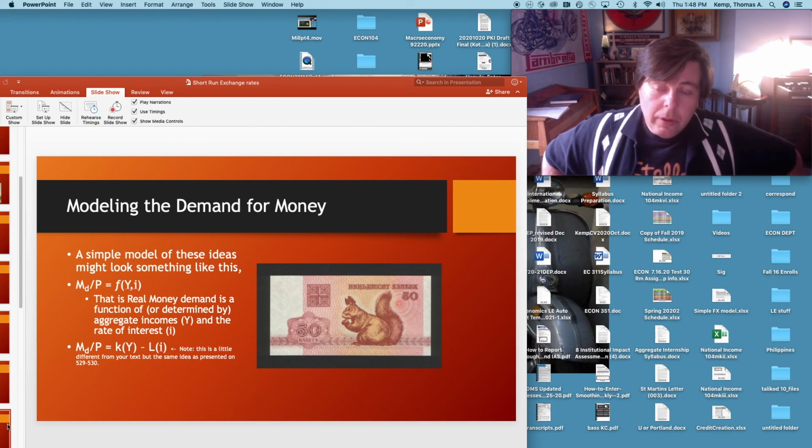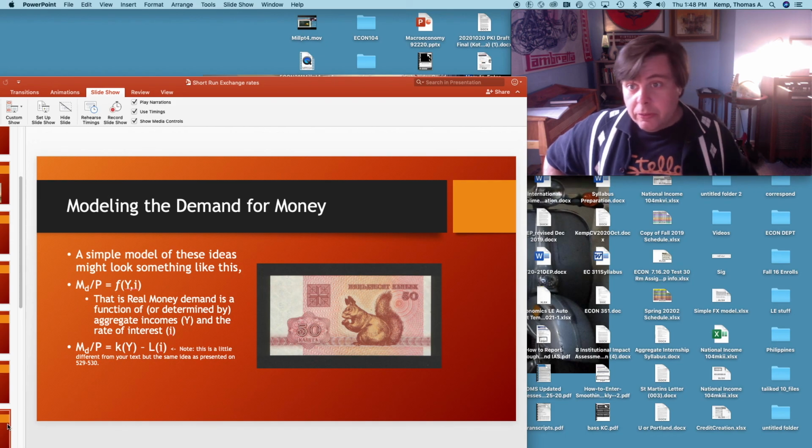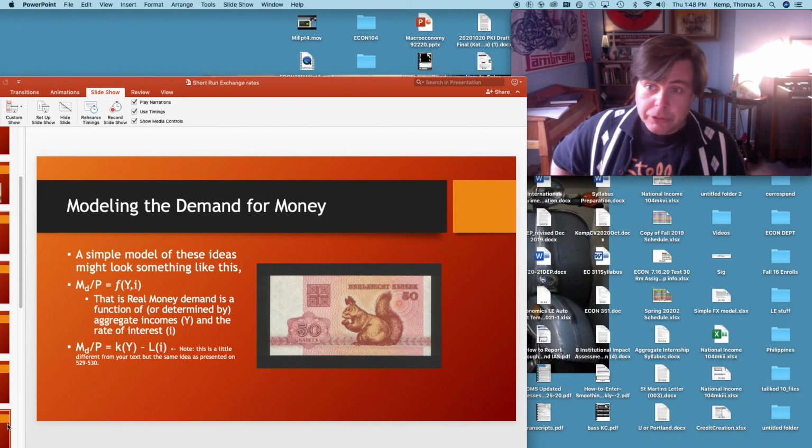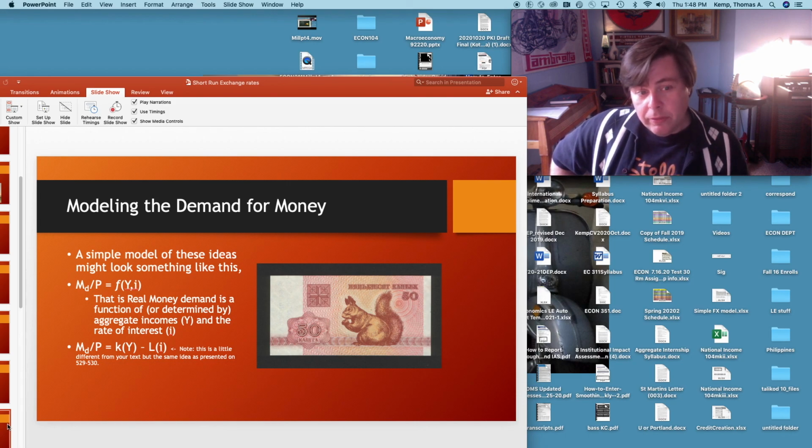So this is what gives us a speculative demand for money that seemed a little questionable a short while ago. Now it seems like, oh yes, of course. Okay, we've put a negative sign in front of this because, of course, at higher interest rates, you would expect people to hold less cash. And at very low interest rates, they might hold all their assets as cash and not really be concerned about it at all.